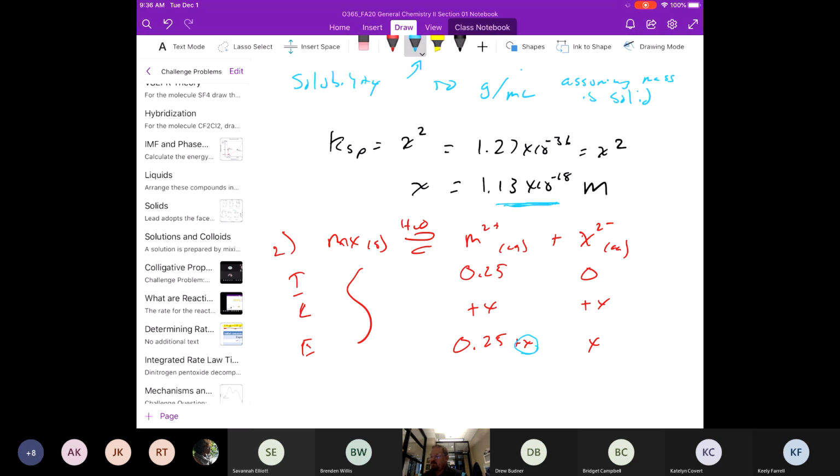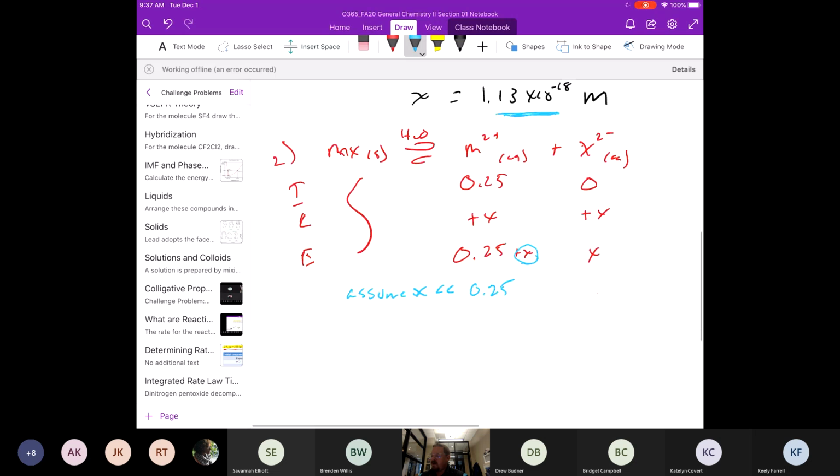It is probably going to be sometimes less, which means that when we add that to 0.25, we're still going to get 0.25. So it's safe to assume that X is much, much less than 0.25, so in our K expression, which is 1.27 times 10 to the negative 36, we can approximate this as 0.25 times X, which makes X now 3.175 times 10 to the negative 37th molar.